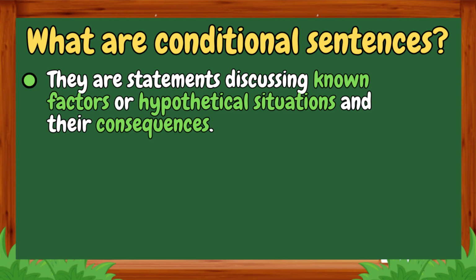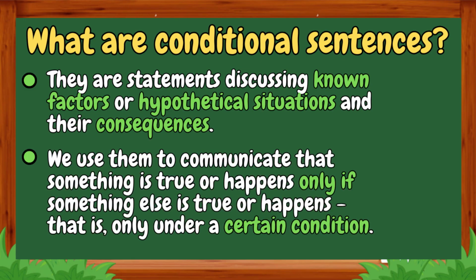But first, what are conditional sentences? They are statements discussing known factors or hypothetical situations and their consequences. And we use them to communicate that something is true or happens only if something else is true or happens.